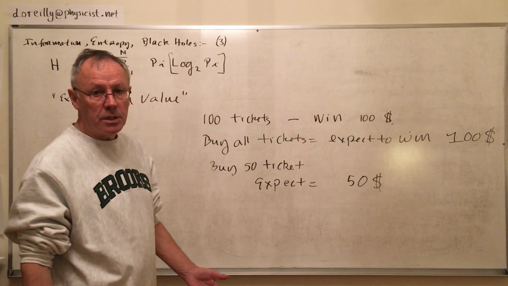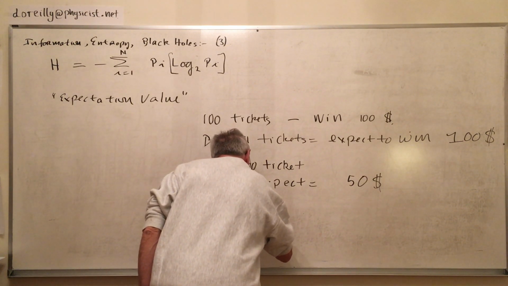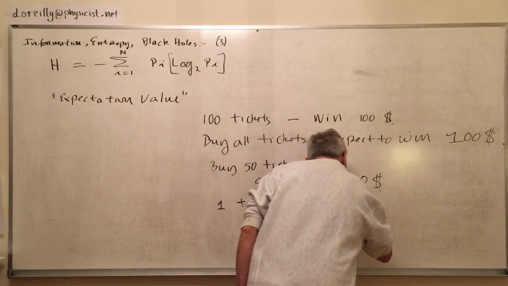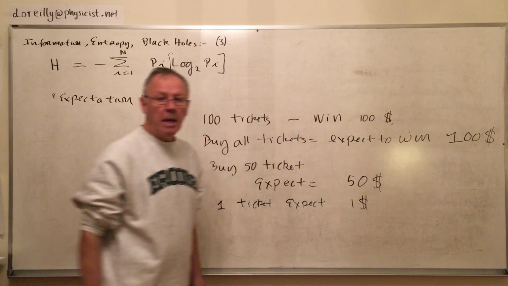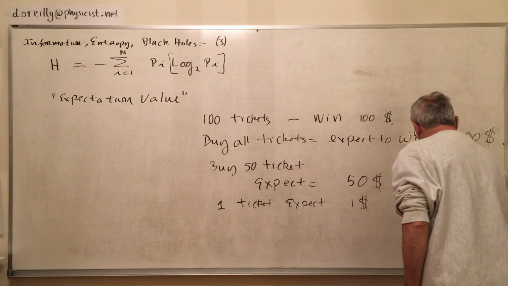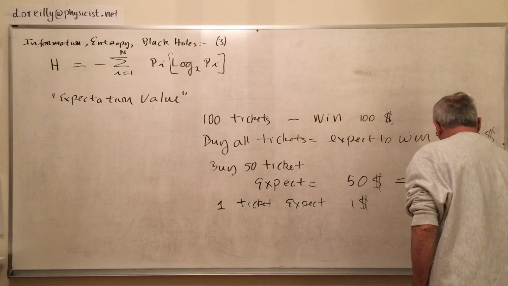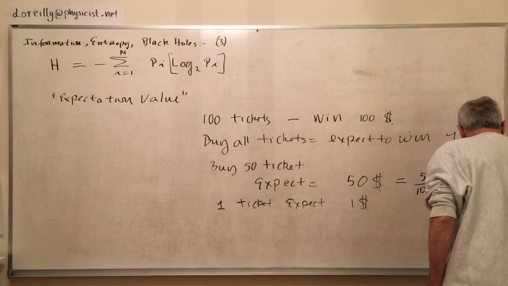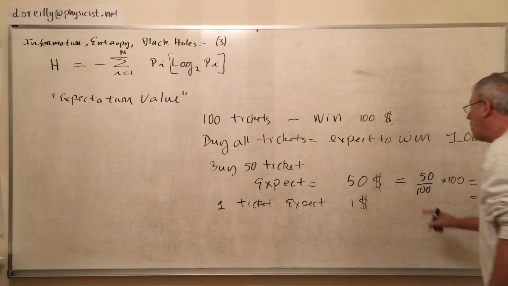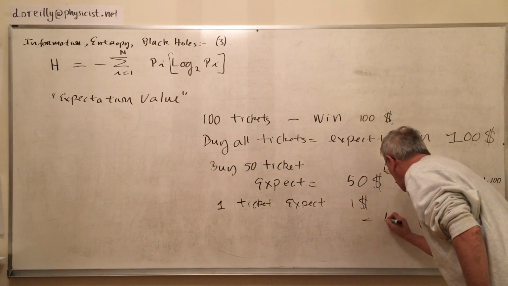Because some days you'll win, some days you won't. Let's buy one ticket. I expect $1 and let's see where we're getting this from. I take the probability of occurrence times the amount and I get the expectation value.